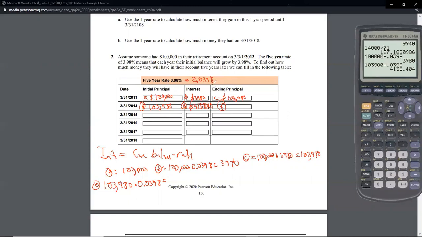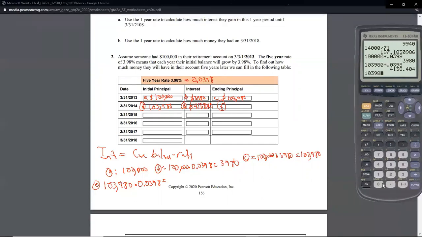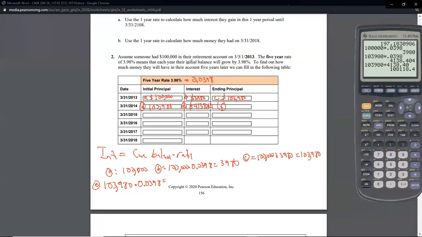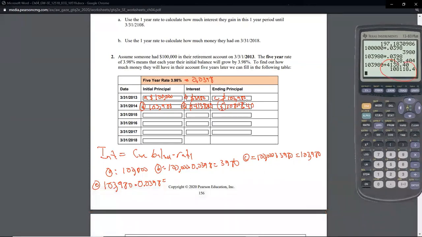So we're going to take the 103,980 and we're going to add the 4138.40 to give us 108,118.40. Sorry, it's a little sloppy. I really dislike that, but you can see the answer in the calculator at least. This is what that should be.